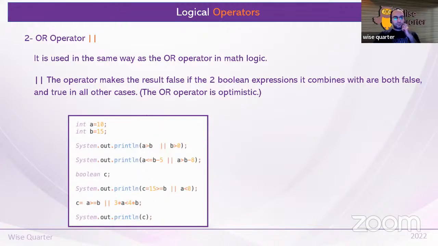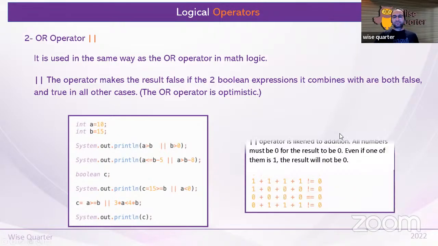Okay. When we use the OR operator, you should remember that it's optimistic, one true is enough to change everything. Everything can be false, but don't worry about it. If there is one true in your life, it is still okay. When we compare it, it's very similar to addition, the sum of numbers.